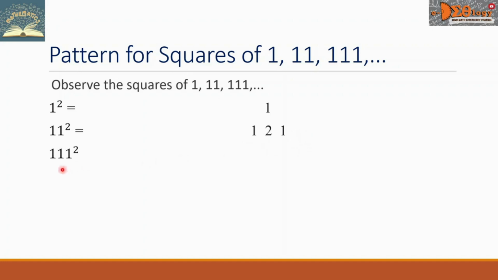Next is 111 square. This is equal to 12,321. And we write the answer in this manner. Next, 1,111 square. And this is the answer. 1,234,321.